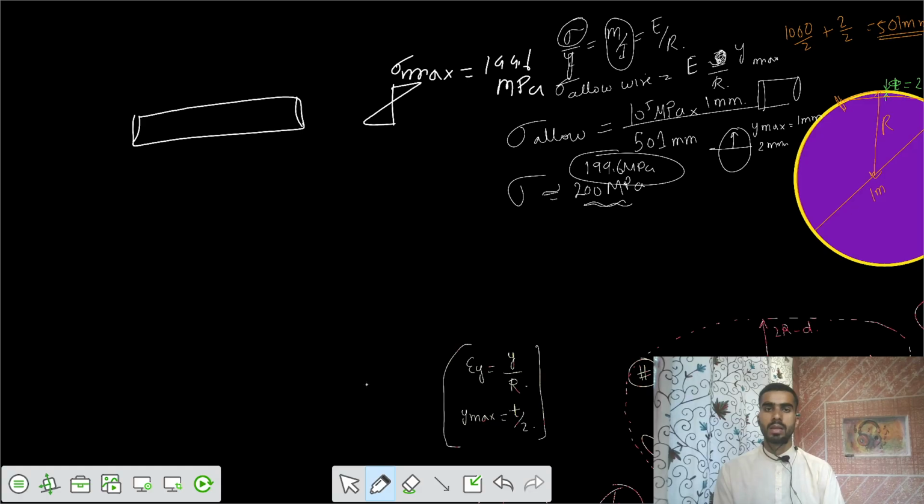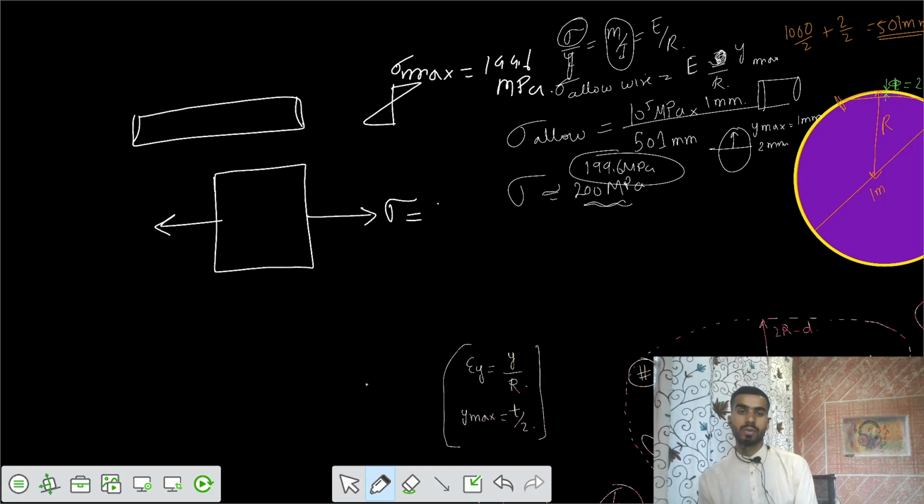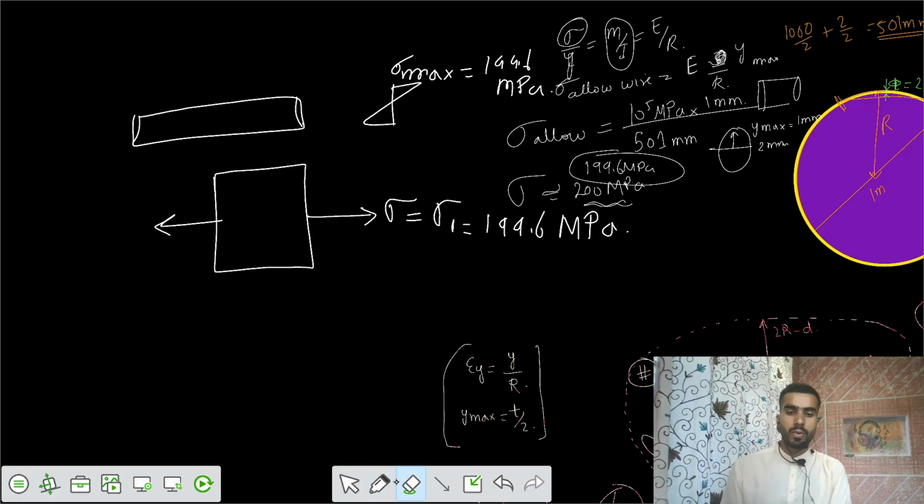So if you take any stress element on that section, you can allow a maximum tensile stress of sigma allowable, which equals sigma 1, that is 199.6 megapascal. The location of the principal plane is the plane itself: this is principal plane 1, and the next one is principal plane 2.